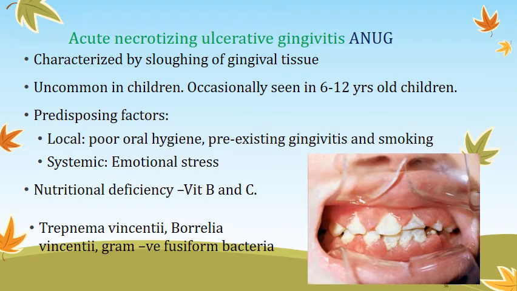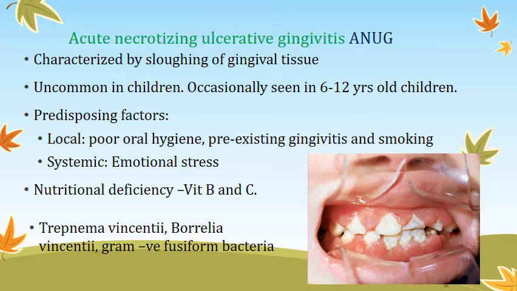Acute necrotizing ulcerative gingivitis or ANUG, also called Vincent's infection, Vincent's disease, was first seen in the trench warfare era in World War I. Uncommon in children, however, occasionally seen in 6 to 12-year-old children. Predisposing factors are poor oral hygiene, pre-existing gingivitis, and sometimes accentuated by smoking.